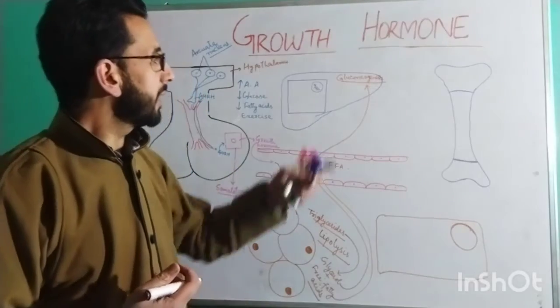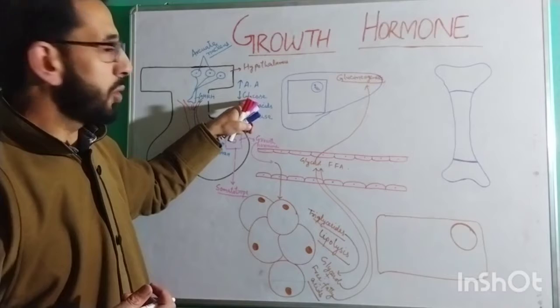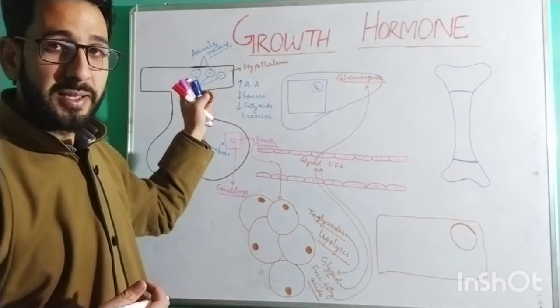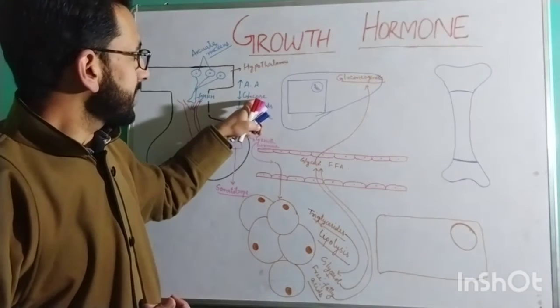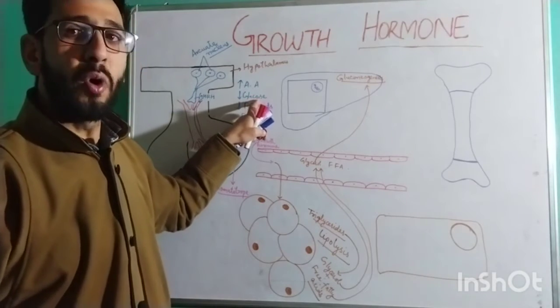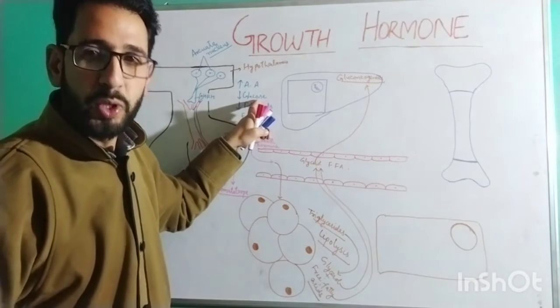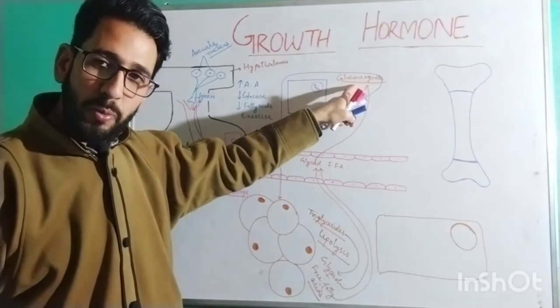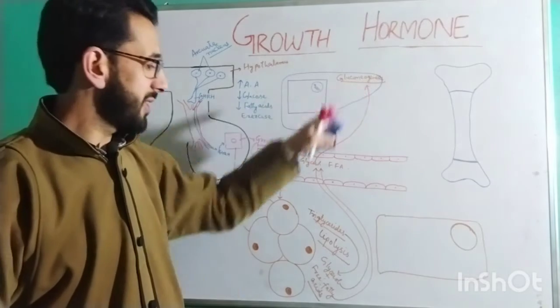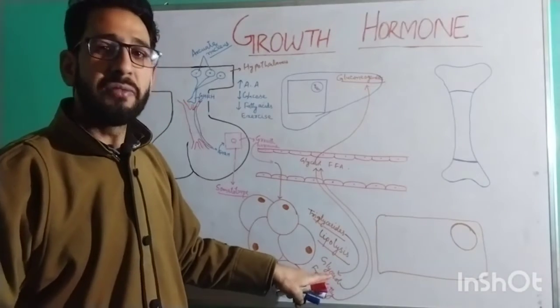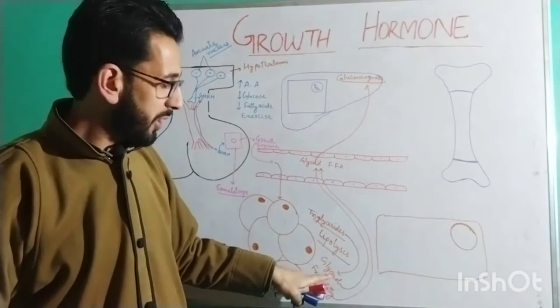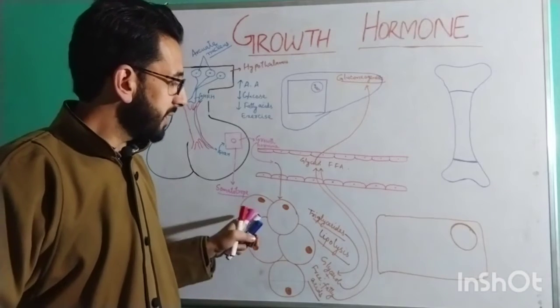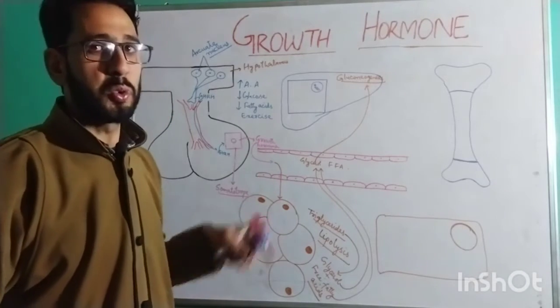You all know that, and we have the decreased glucose level which actually stimulated this process. So we need to form more and more glucose. Glucose is being formed from non-carbohydrate sources, and for that process we are using this glycerol, and where is this glycerol coming from? It is coming from the adipocytes by the action of growth hormone.